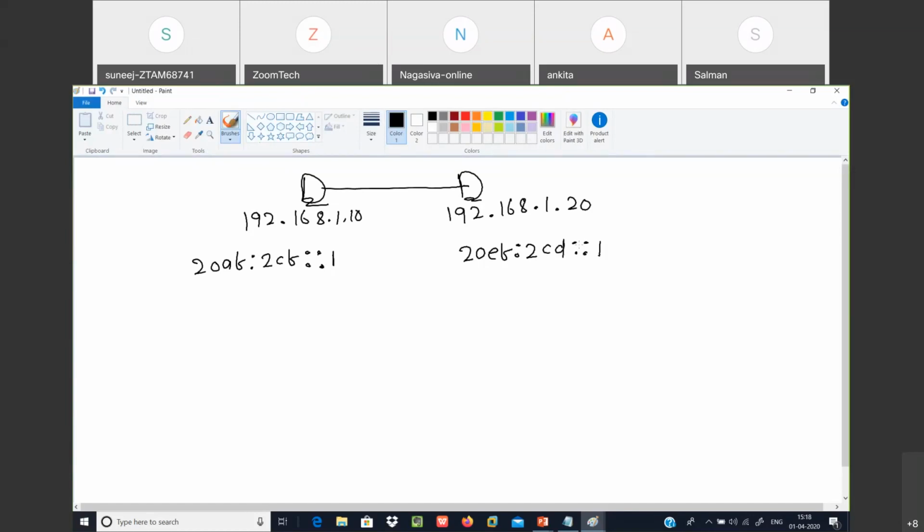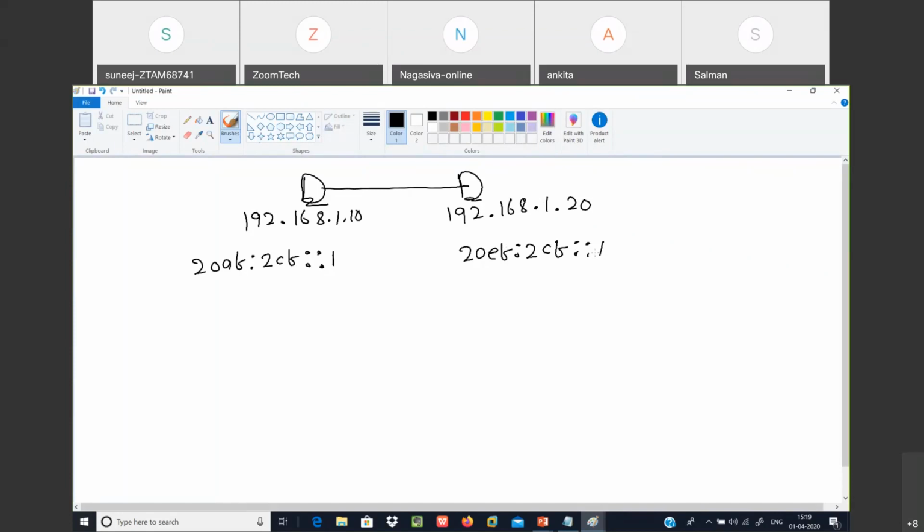Maybe. And the next one: 20EF, 20AF, and 2CF, both sides 2CF colon 1. Will they communicate now? Maybe, or no? Let me check now clearly.